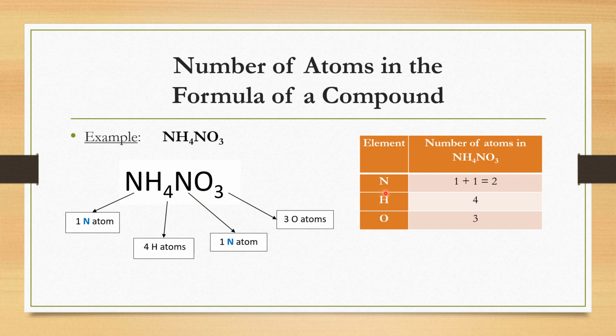Thus, there are 2 nitrogen atoms in NH4NO3. Also, there are 4 hydrogen atoms in the formula, and there are 3 oxygen atoms in this formula.